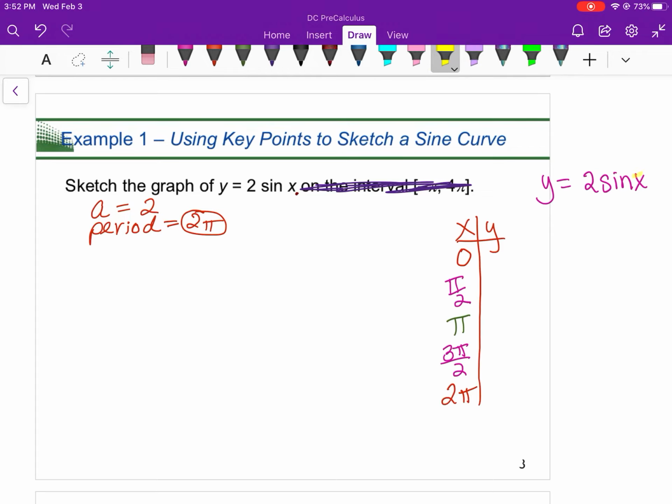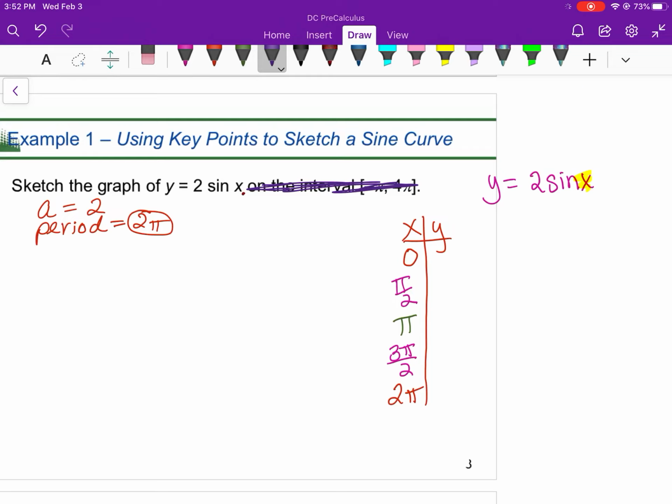So every x value goes in here. Keep these 4 points in mind as we go around. If I do the sine of 0, I am right here, and the sine of 0 is 0.